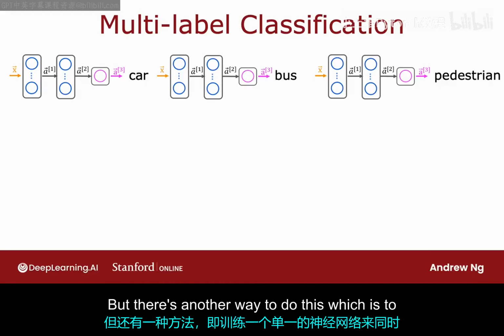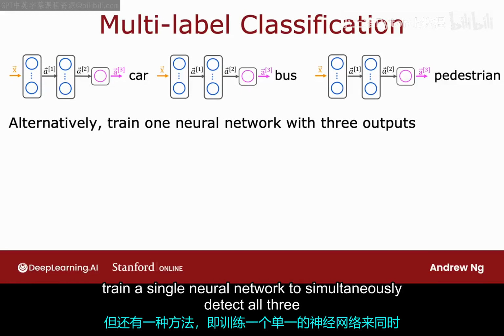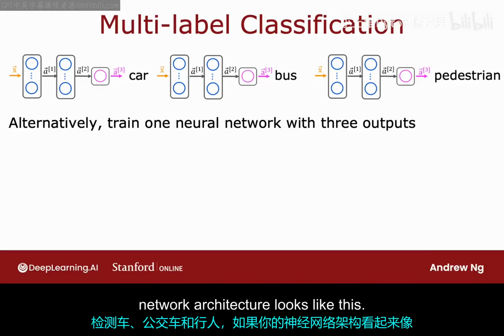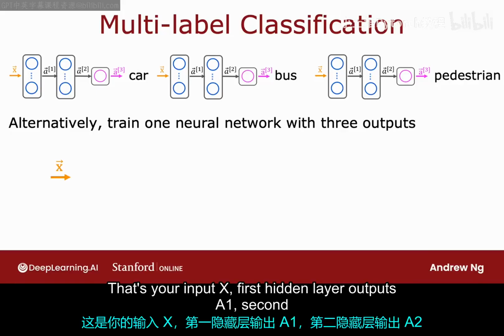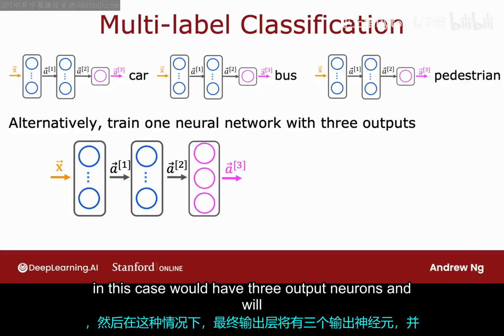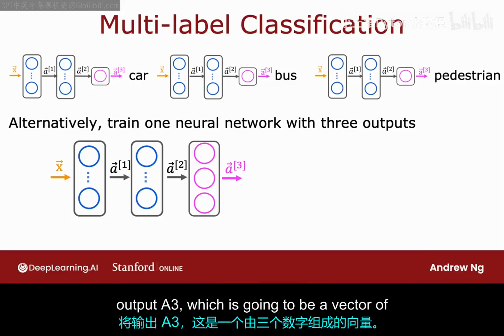But there's another way to do this, which is to train a single neural network to simultaneously detect all three of cars, buses, and pedestrians, if your neural network architecture looks like this. That's your input X. First hidden layer outputs A1, second hidden layer outputs A2, and then the final output layer, in this case, would have three output neurons and will output A3, which is going to be a vector of three numbers.